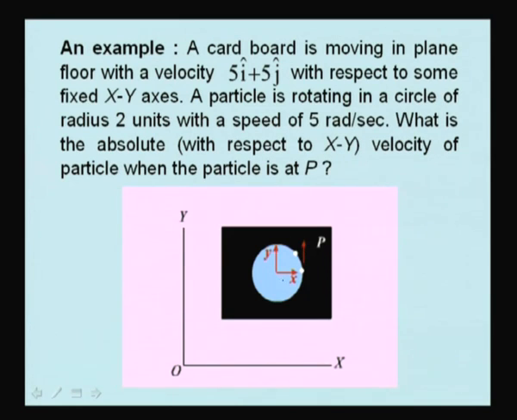We can attach an axis system xy which is translating with respect to capital XY. This moving axis system has been indicated by red lines.